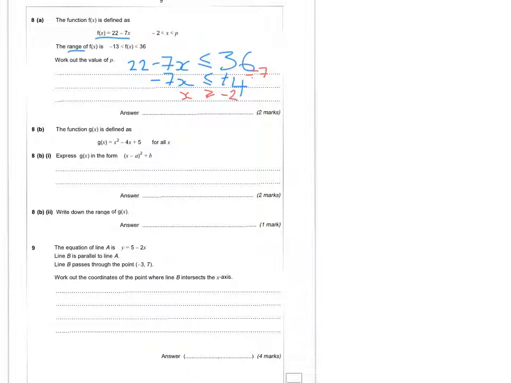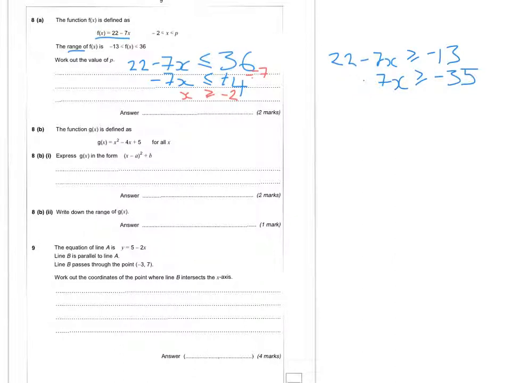The other side, so 22 minus 7x is greater than or equal to -13. So -7x is greater than or equal to -35.